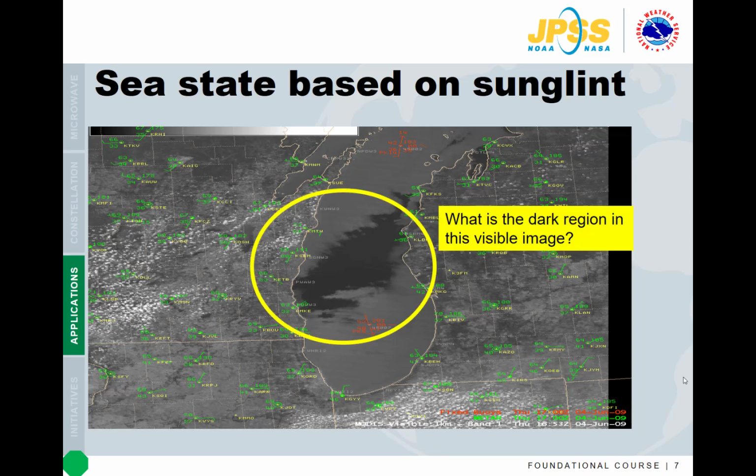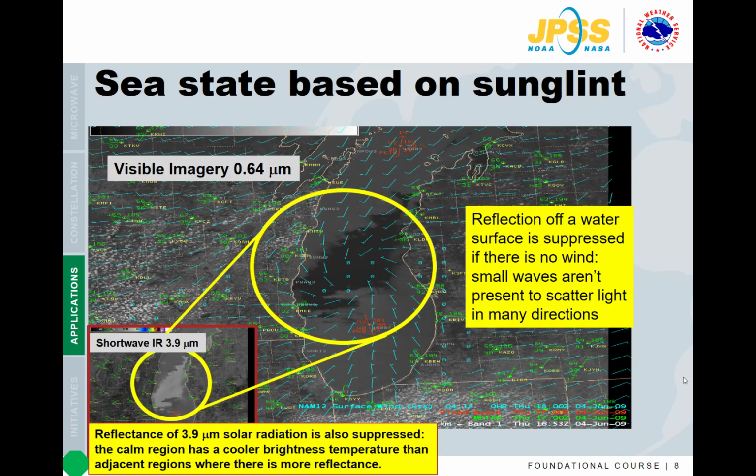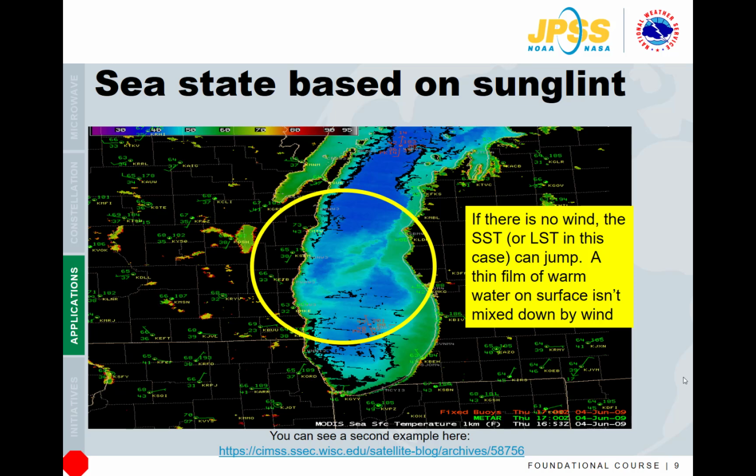This dark region has very light winds. When winds are light, the lake surface isn't mixing. Solar energy can heat up the surface, so in this case, you see warm temperatures as shown in the shortwave IR inset. The lack of mixing because of no winds allows a thin film of water on the surface to warm up.